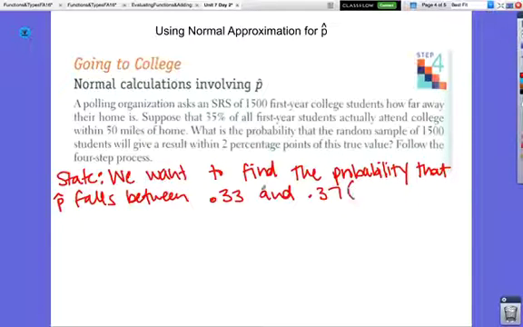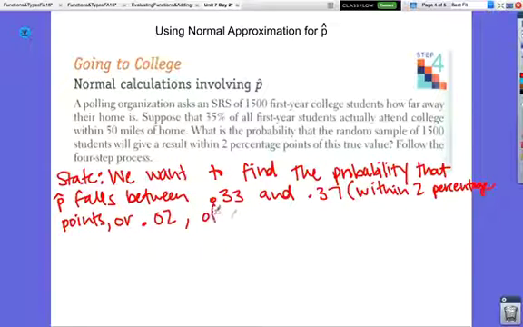And the reason we want it to be 0.33 and 0.37 is because we want to be within 2 percentage points, or 0.02, of 0.35. So 0.33 obviously is 0.02 below that, and 0.37 is obviously 0.02 above that.